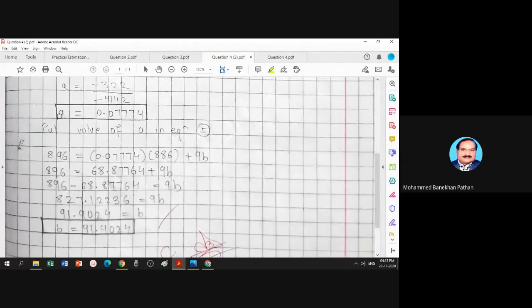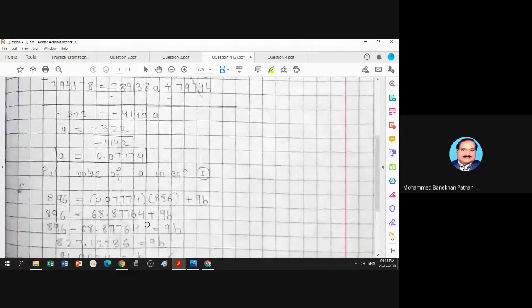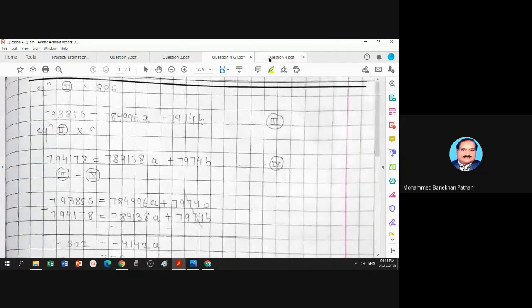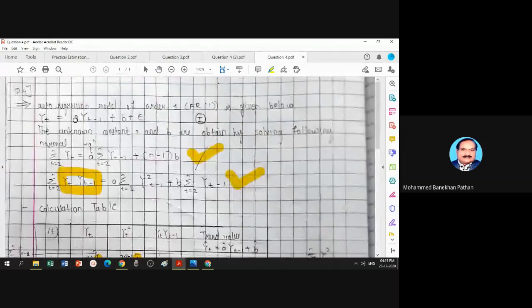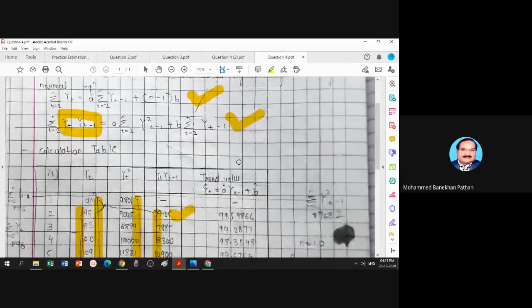Now after having a and b with you, put those values in the original equation at this point. And now you are using this equation to get the trend values.